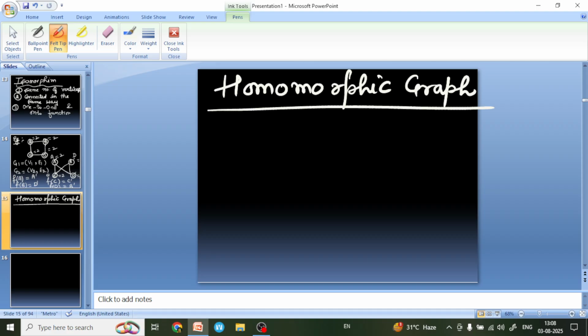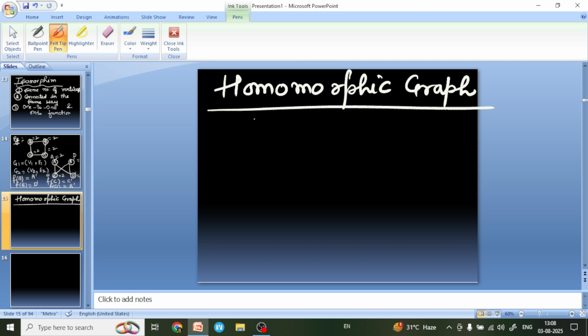I again repeat, we can obtain a new graph by dividing an edge of G with additional vertices. The graphs G and G star are said to be homomorphic if they can be obtained from the same graph. You can take an example like this.